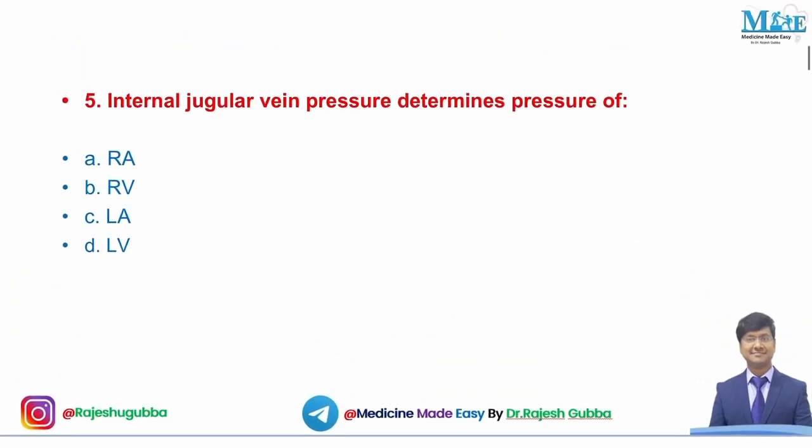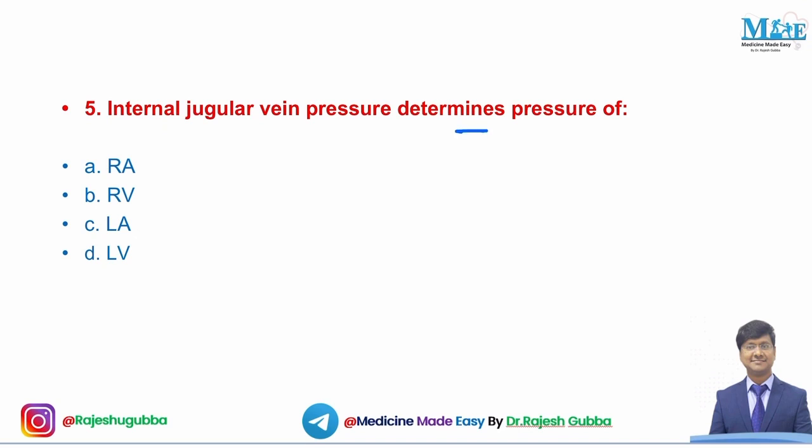Then the next question: the internal jugular vein pressure determines the pressure of the right atrium, right ventricle, left atrium, or left ventricle. So it determines the pressure of the right atrium. How much will be the normal JVP? The normal JVP is around 5 to 8 centimeters of water above the right atrium.